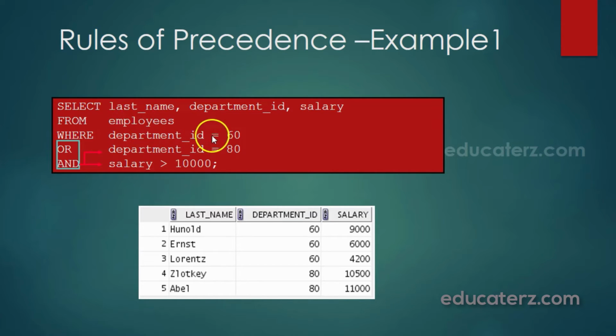The first one is the equal to operator, which is a comparison operator. The second is the OR operator, which is a logical operator, and the AND operator is also used. If you look at the order of precedence, AND has higher priority than OR. So it will be evaluated like this: department ID is equal to 60 or department ID is equal to 80 and salary is greater than 10,000.